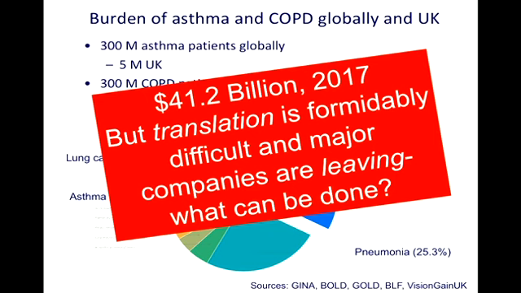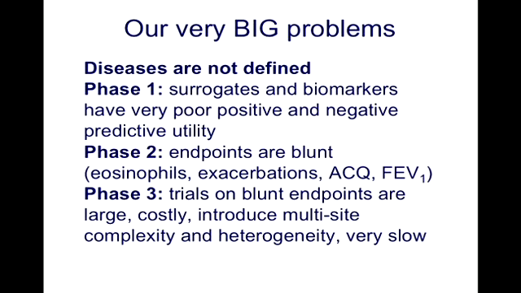A clinical trial for a bronchodilator in COPD that needs to show a benefit on something called an exacerbation or worsening currently costs between $500 million and $700 million to perform. Enormously expensive clinical trials. And so, although there is a pressing need to make new medicines for these conditions, particularly COPD, the field is currently blocked by these problems.